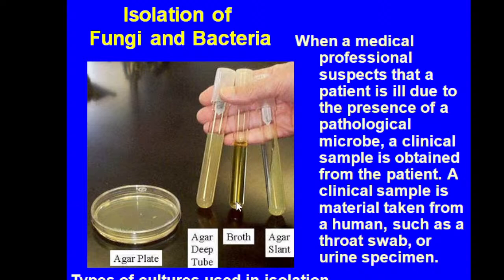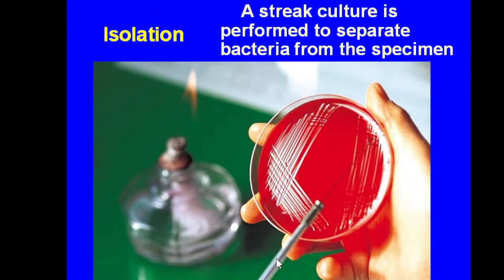Then from the broth, we perform separation on agar plate, from agar plate usually to agar slant where we keep a pure culture, right? And the stabbing inoculation in some agar columns or liquid media that we use for identification.